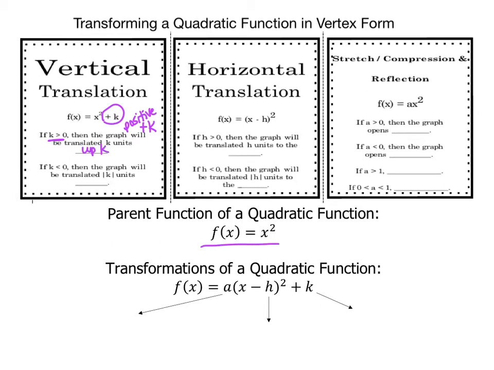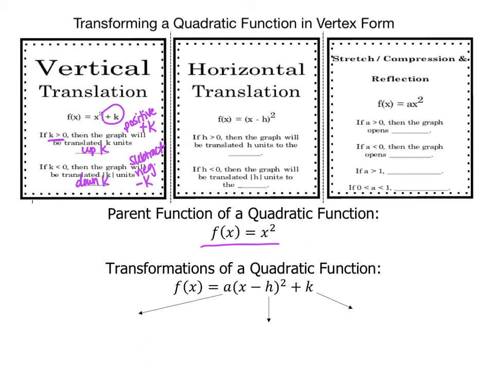So if we have a plus 2 out there, we would say it's going to move up 2. Now, if instead we have a minus out there, we can think of a subtraction or a negative symbol. We've got that minus k on the outside. Then we're going to think of that being down a k amount. So if I have x squared minus 2, I would say that it's going to move down 2.